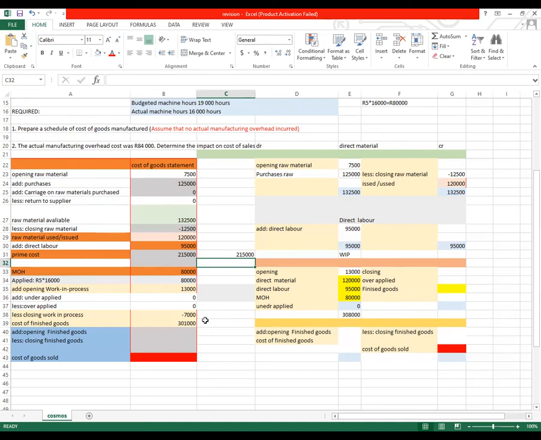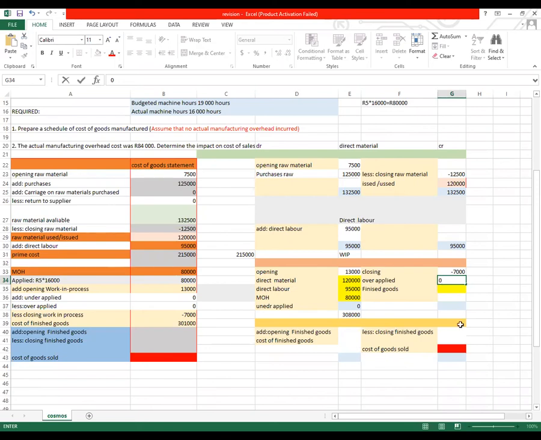Where we are trying to calculate the cost of finished goods transferred to finished goods. Here, guys, we have the closing, this one. We have over 0. Remember, when we adjust under number 2, we're going to have over and under. That is the time where we're going to adjust our cost of goods sold.